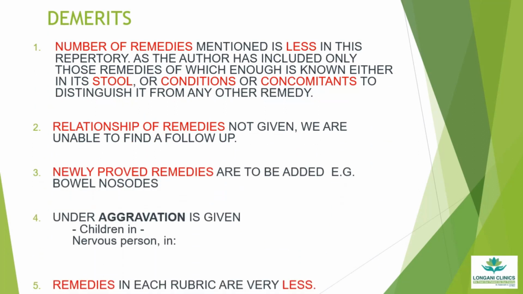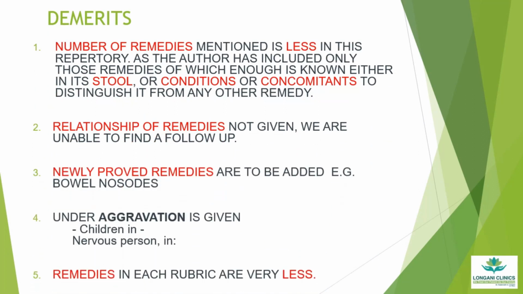Demerits. 1. Number of remedies mentioned is less in this repertory, as the author has included only those remedies of which enough is known either in its type or conditions or concomitants to distinguish it from any other remedy. 2.